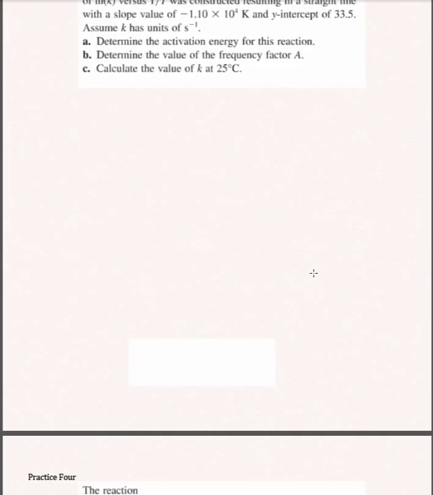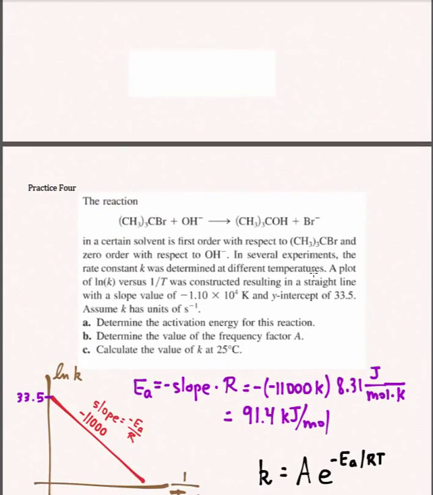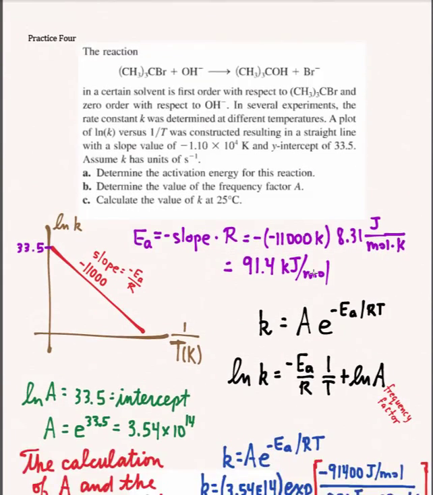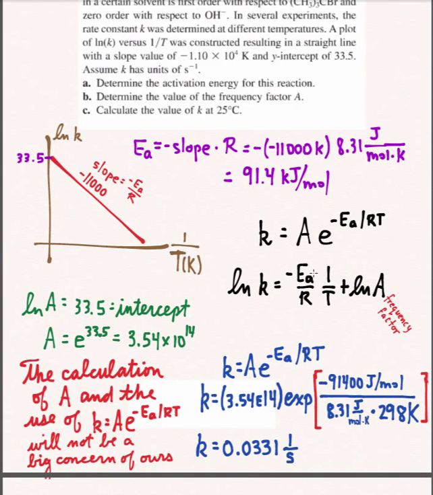This is an important mathematical relationship and graphing technique you should think about. Memorize it. The natural logarithm of the rate constant as a function of the reciprocal of the Kelvin temperature ends up being a straight line.